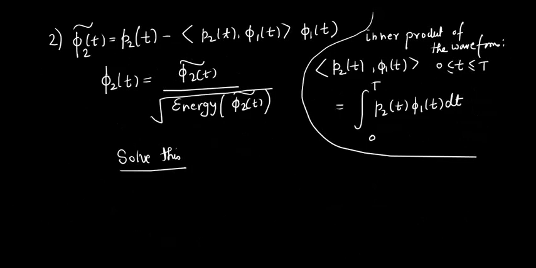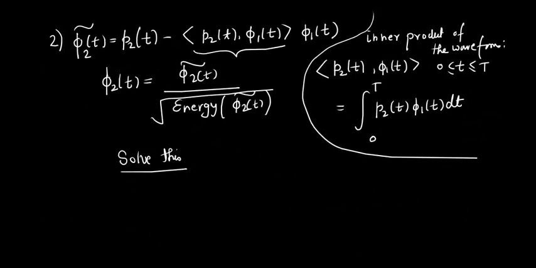So, first, what is your P2T? Same as P1T. Then you have to first find out this term, which is the inner product of P2T with phi 1T, or the projection of P2T over phi 1T, the magnitude of the projection. Actually, this complete thing is the projection. So, okay, your P2T is, so let us multiply.